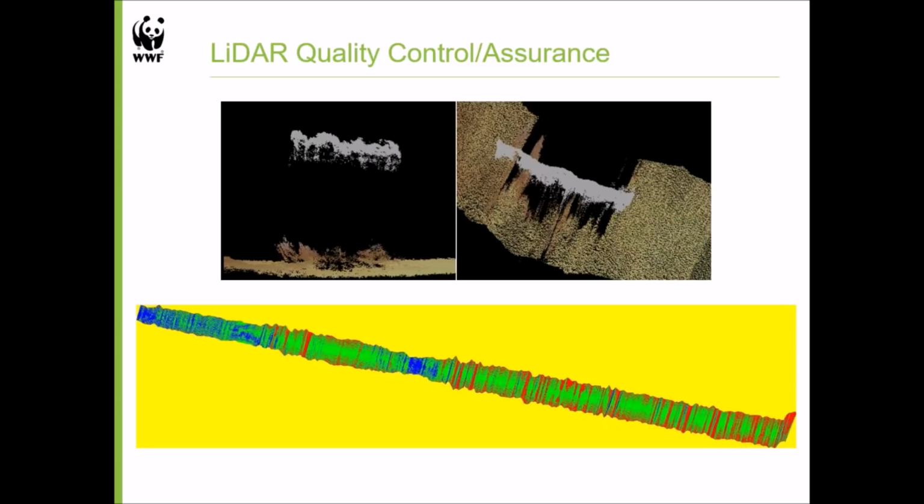In the picture below, we can see a flight where the speed of flight changed a lot along the flight. In this picture, the red points are the points that have a point density below 4 points per square meter. The green ones are between 4 and 8 points per square meter, and the blue ones are above 8 points per square meter.